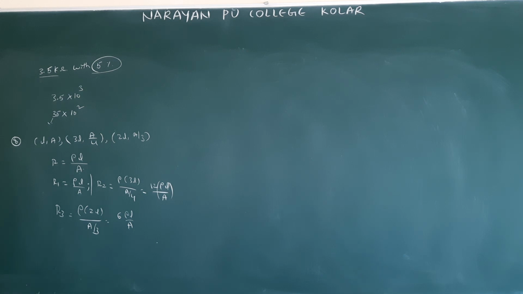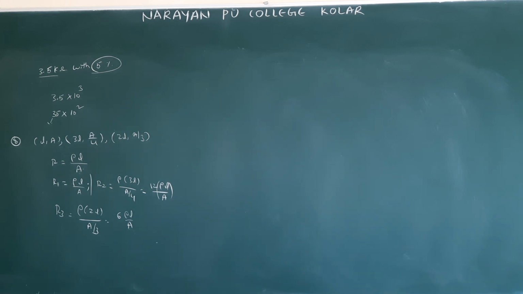Okay. Next is question number 9. Three wires having the same area of cross section, with lengths 3L, 2L, and L, are connected in series. If their resistivities are rho 1, rho 2 and rho 3, then what is the equivalent resistivity of the combination?